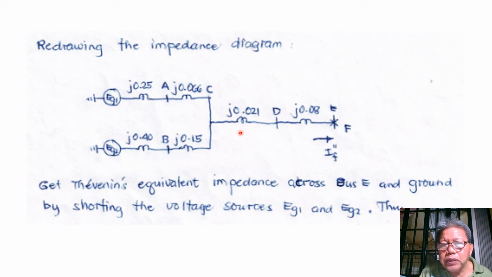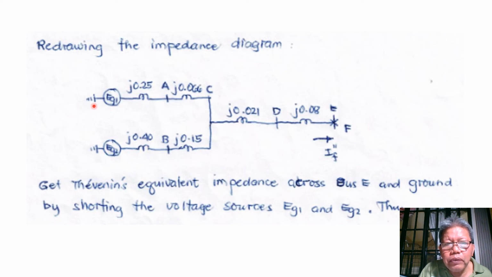And then the transmission line is now represented by its per unit value, which is 0.021. And transformer 3 is represented by its reactance, which is the same as the original, j0.08. And this is our voltage point F. And the current here will be our IF double prime, for subtransient current. So this is now our impedance diagram.